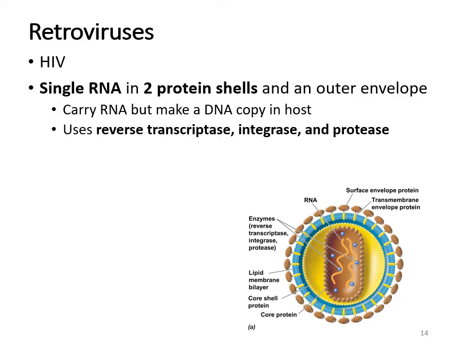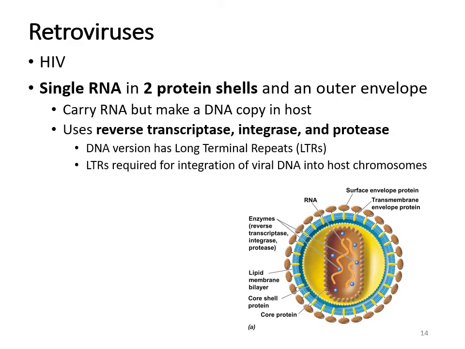Now, in order to do this process, they also have what's called long terminal repeats. Within their DNA copy, they have these sequences that get cut that allow for, basically, the gluing in of these viral genes into the host DNA.